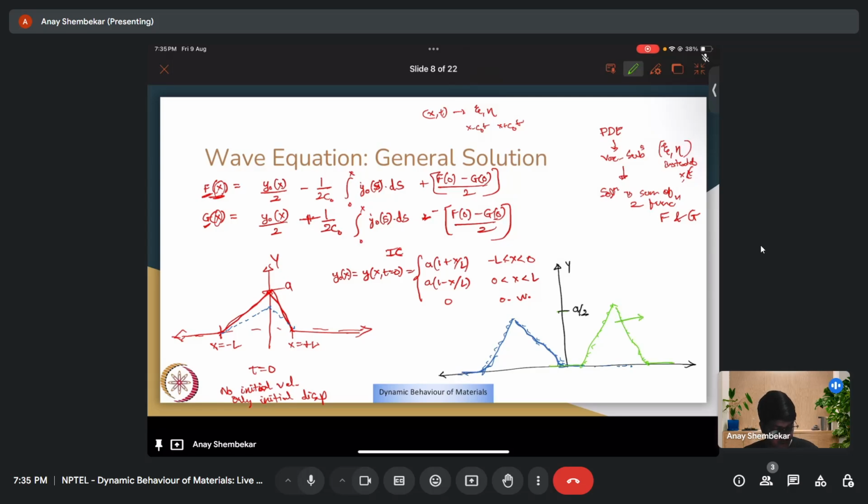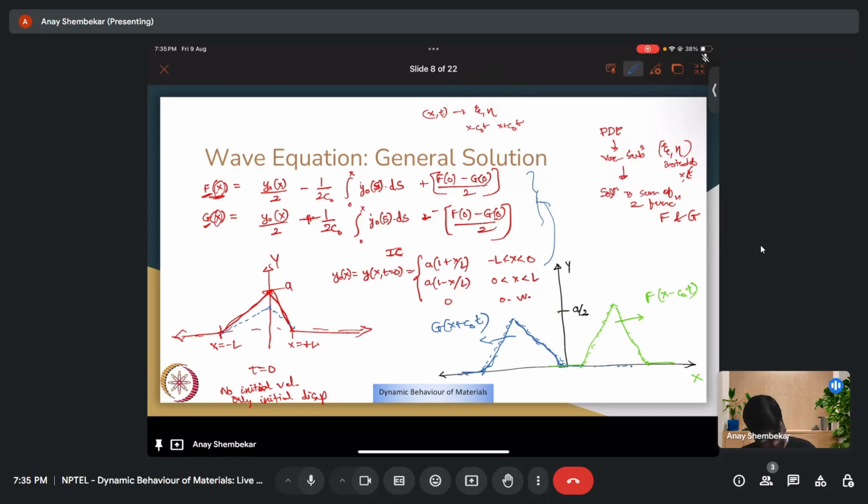This is the forward propagating part, so this is capital F of x minus c naught t, and this is the backward propagating G of x plus c naught t. Use this particular initial condition and plug this into the equation to obtain what your general solution looks like.